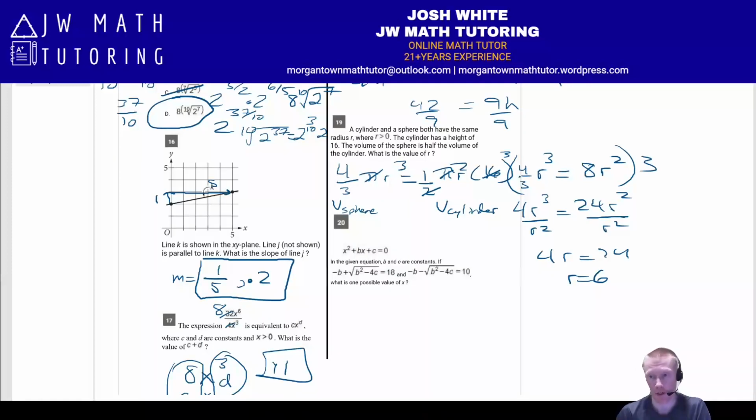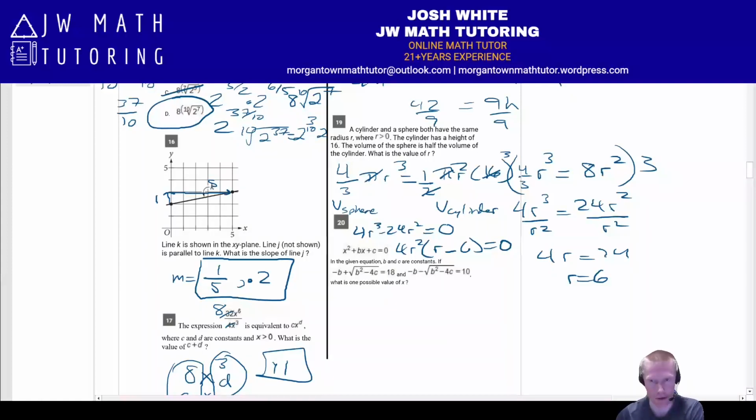But most people probably aren't used to that, so what you would probably do instead is subtract 24r squared over to the other side, because normally with a polynomial equation you get it equal to 0, and then you would factor out 4r squared, and you would get r minus 6. Technically the way you would solve this is you would set both factors equal to 0, but 4r squared equal to 0 is just going to give you 0.